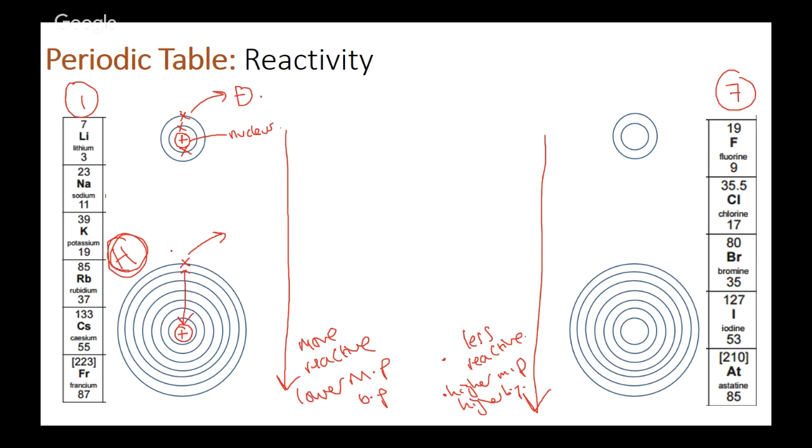So if you're asked to explain why reactivity increases as you go down the group of alkali metals, you want to be talking about the fact that it's easier to lose an electron, which I'll just put as an e with a dash above it, because the distance between the nucleus and the outer shell electron is greater. Make sure you say that the nucleus is positively charged as well.